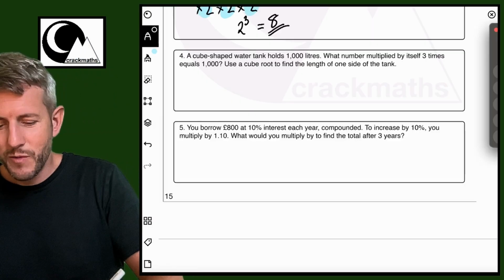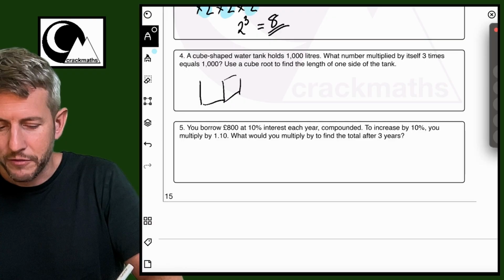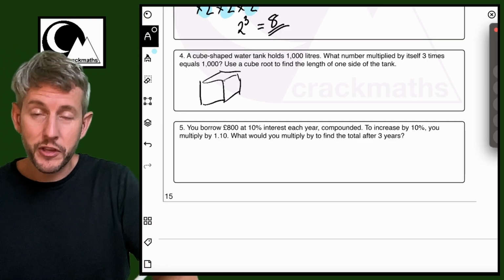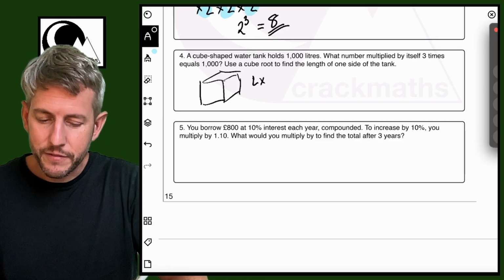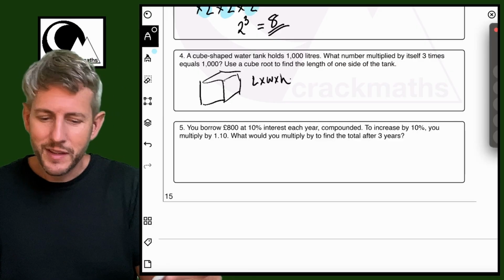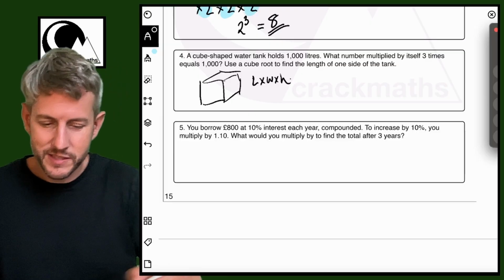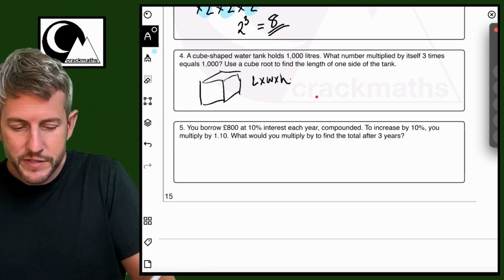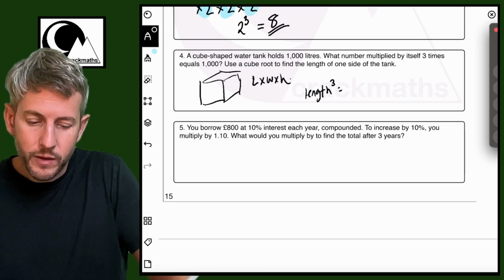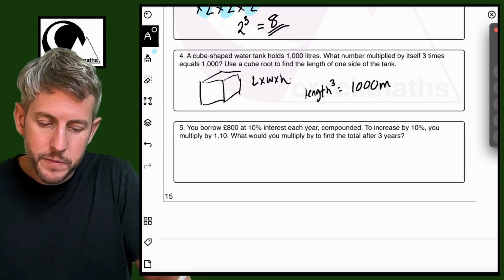So remember, a cube has all sides the same length, and the volume of a cube is found by doing length times width times height. But in a cube, they're all the same. So it's actually like saying something cubed equals this. So we could just call them all the length. So the length cubed is equal to the 1,000 metres cubed.